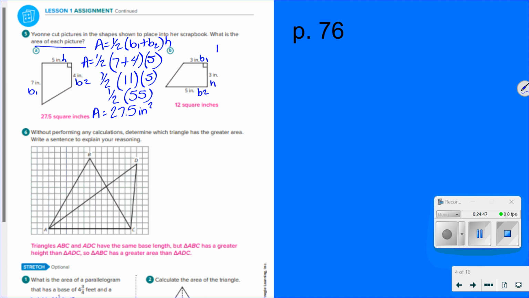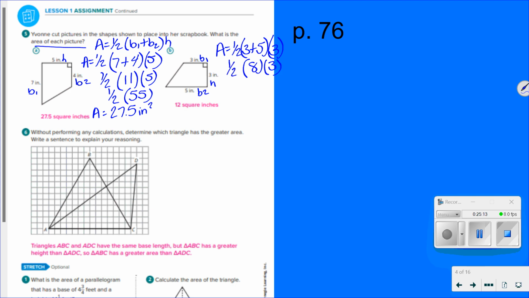So again, you should have area equals 1/2. Our formula is up there. Base 1 is 3 inches plus 5 inches multiplied by 3 inches. We're going to do what's inside our parentheses first. So 3 plus 5 is 8.